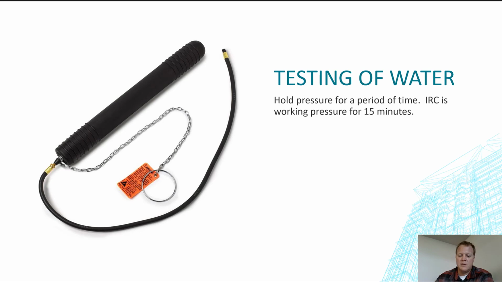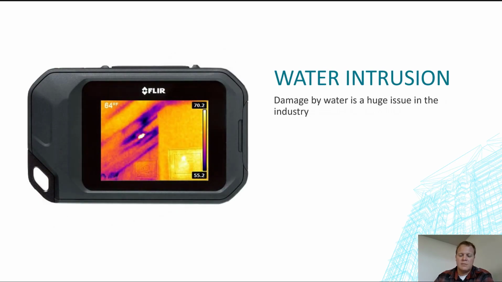One of the big deals that I think I was never taught in school, but is a huge problem, is water intrusion and damage by water. So our industry, I think some of the biggest losses I know of on construction projects are dealing with water intrusion.